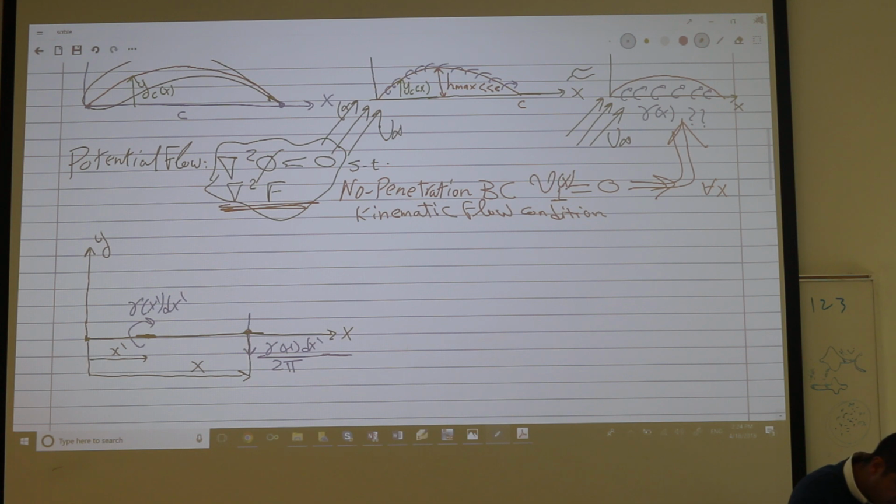X minus x bar. Okay, very good. We got this. Well, I need the normal component to the surface, so this is maybe here. Maybe this is my camber. Okay, whatever. Assume any funky camber. At this point, we need it just to show things.